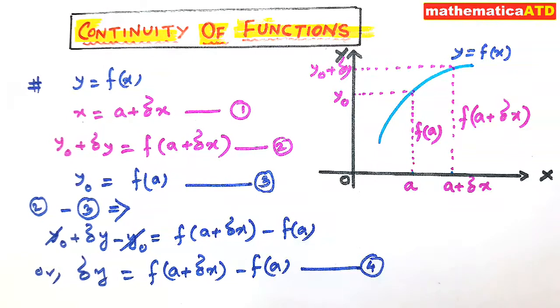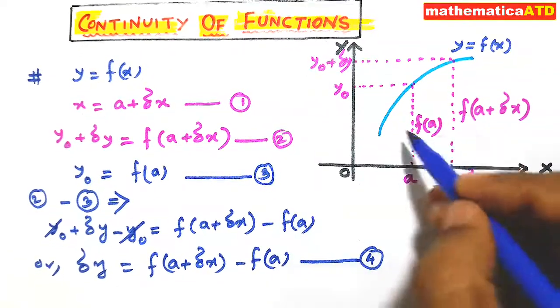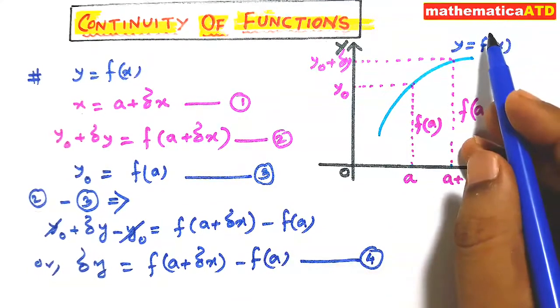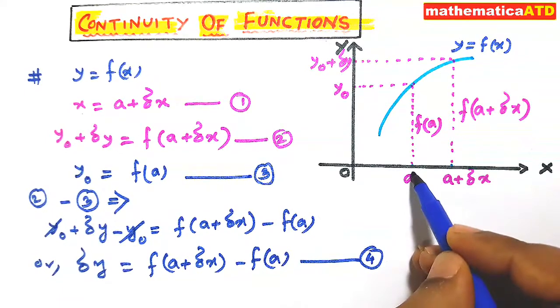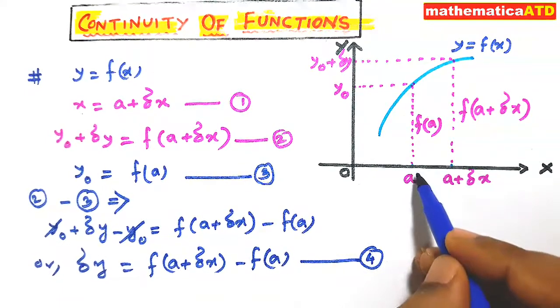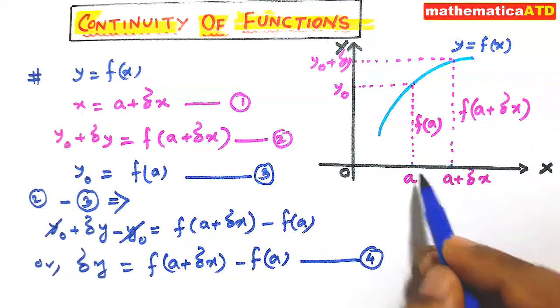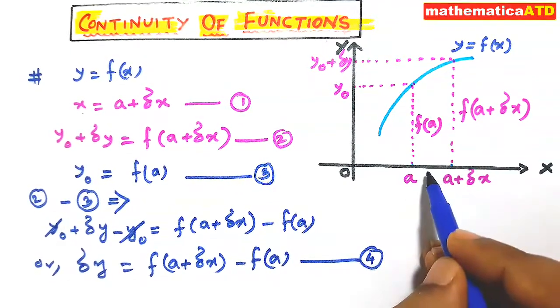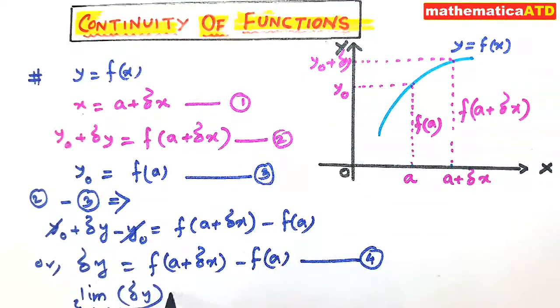Now friends, one thing is very important. A function y is equal to f(x) is called a continuous function at x is equal to a if it is defined at x is equal to a and in the vicinity of a, and if limit, this is important, limit delta x tends to 0 of delta y is equal to 0.